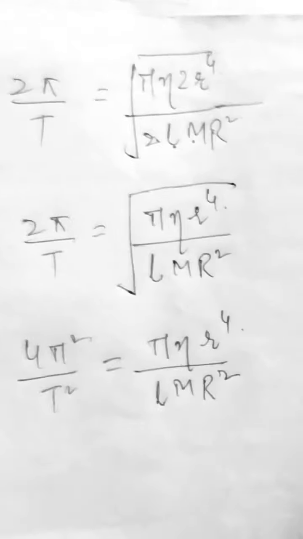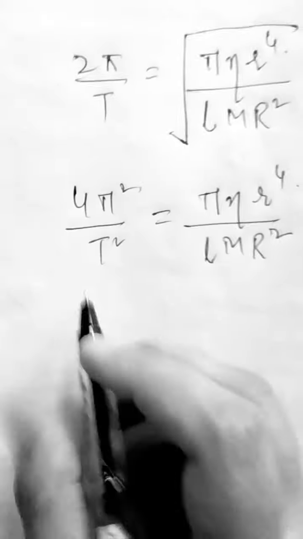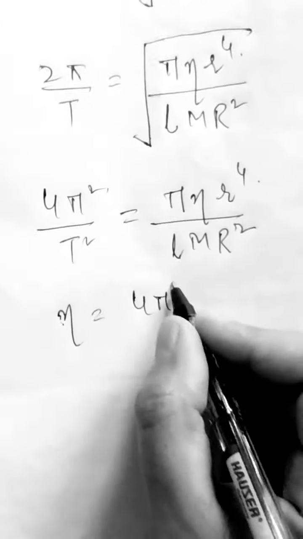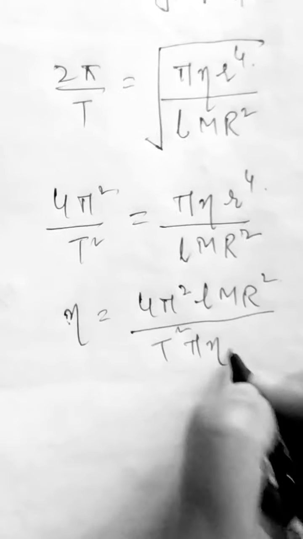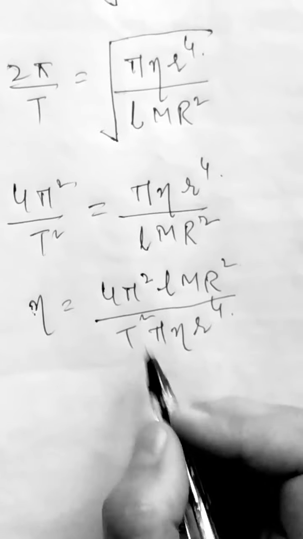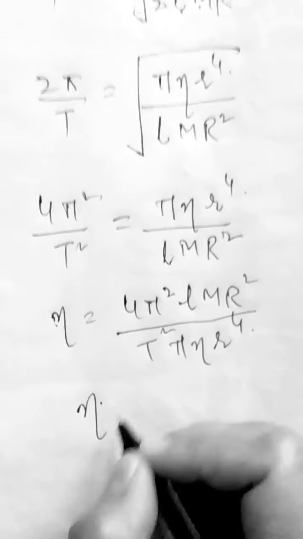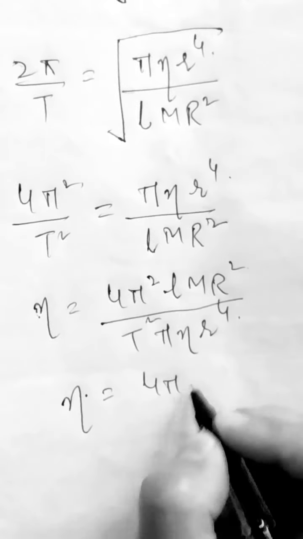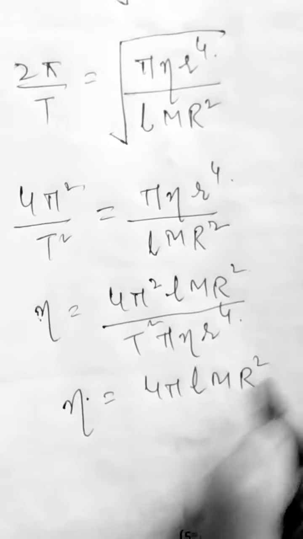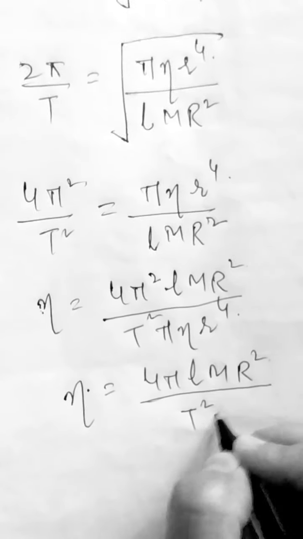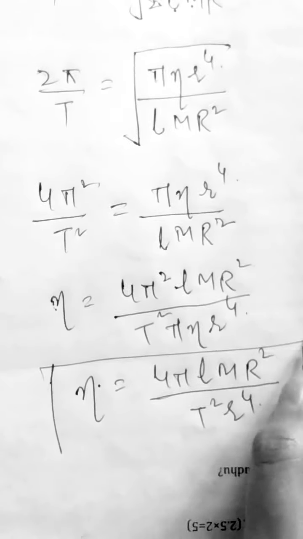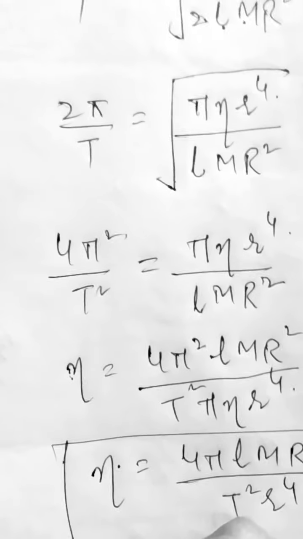Then it is quite easy to find, and eta will be equal to 4 pi square L m r square divided by T square pi r 4. So this pi and pi will go. What we are left with essentially is eta equal to 4 pi L m r square by T square r 4. So this is the final expression for modulus of rigidity using a torsional pendulum.